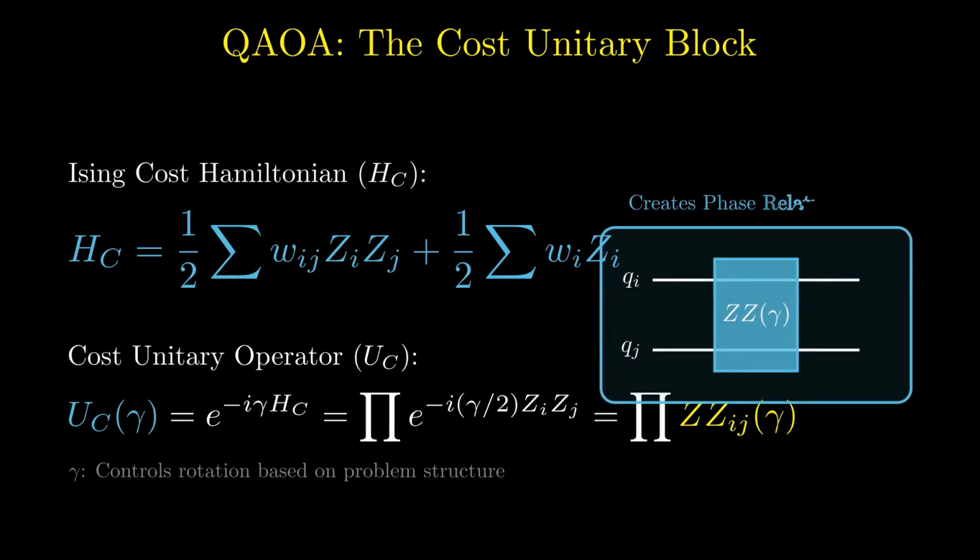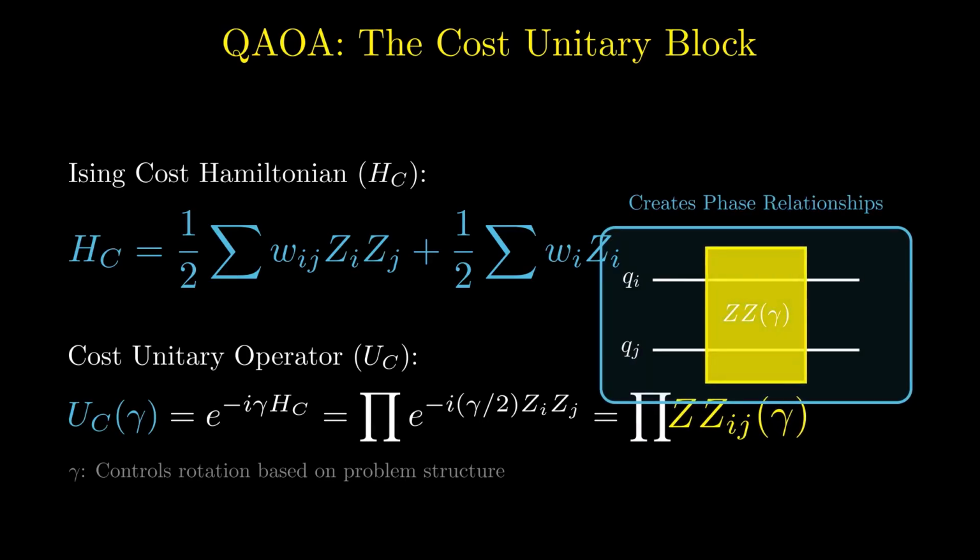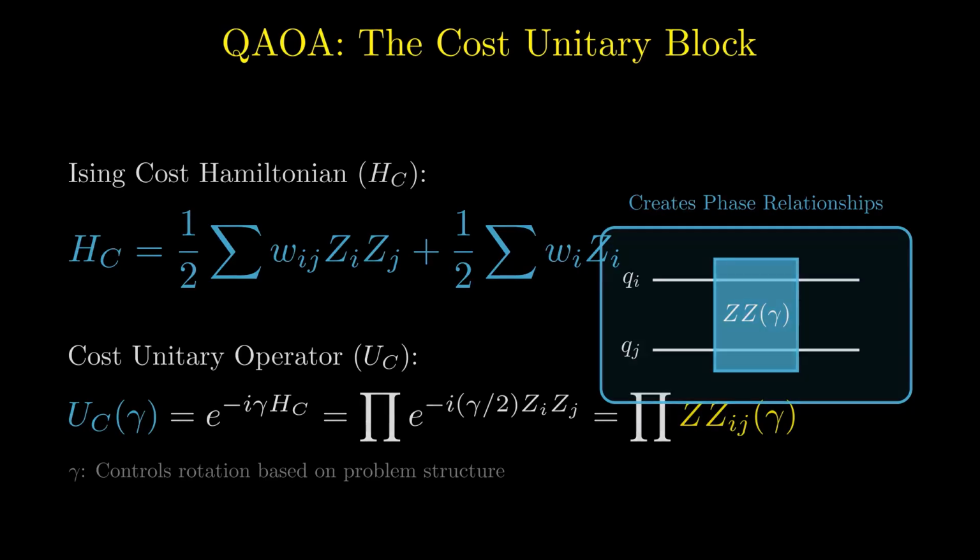This is a 2-qubit gate that creates phase relationships between the qubits. The parameter gamma controls how much we rotate according to the problem structure. Different values of gamma emphasize different aspects of the cost function.